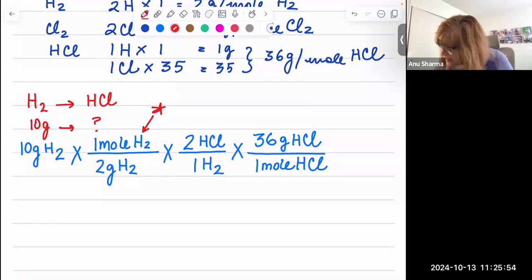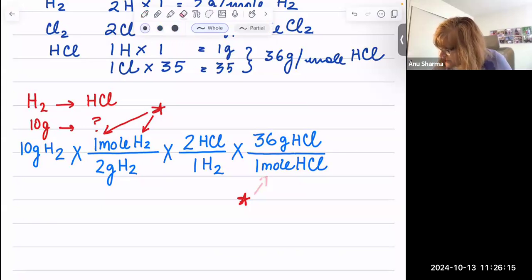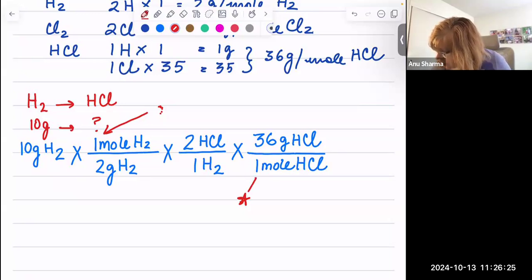So this is always 1 mole. Pay attention to these details. That is always going to be 1 mole right here. Let me correct this. This is 1 mole always, and this is 1 mole always. What is the middle part?